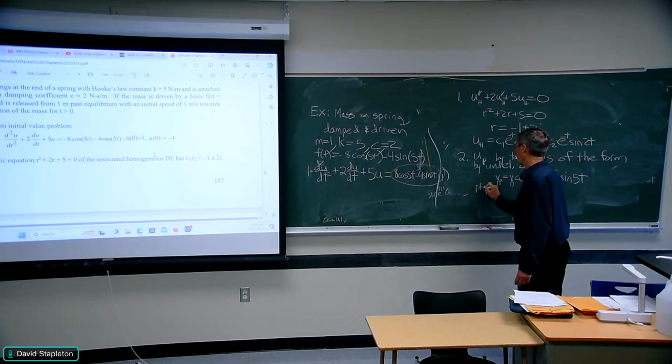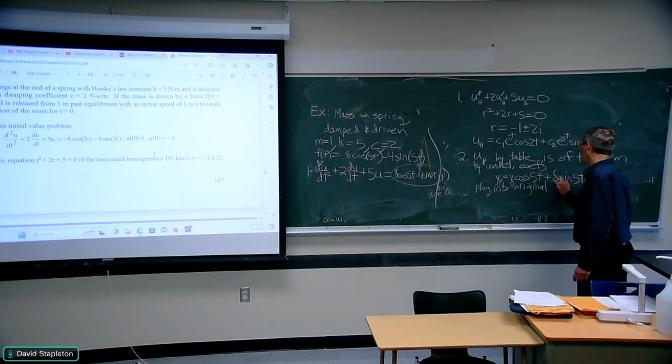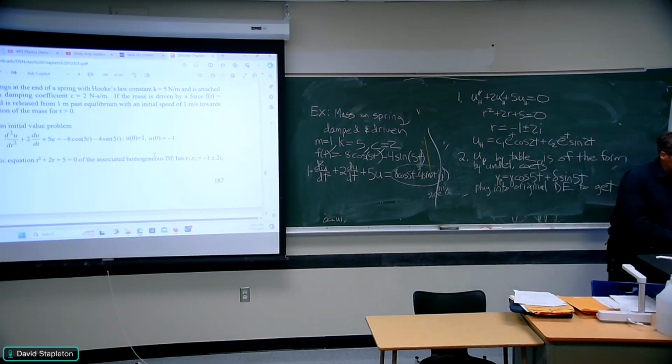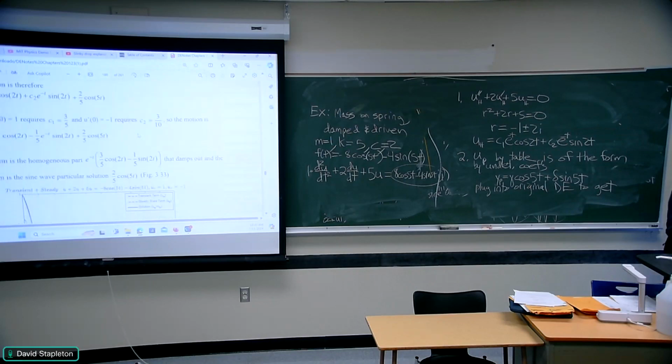Plug it into the original differential equation, and the original ODE determines the coefficients. I'll just say what they are because we're out of time. We find out what gamma and delta are. Let me finish this one real quick, so I don't leave it in the middle. C1 is 3/5 and C2 is 3/10.